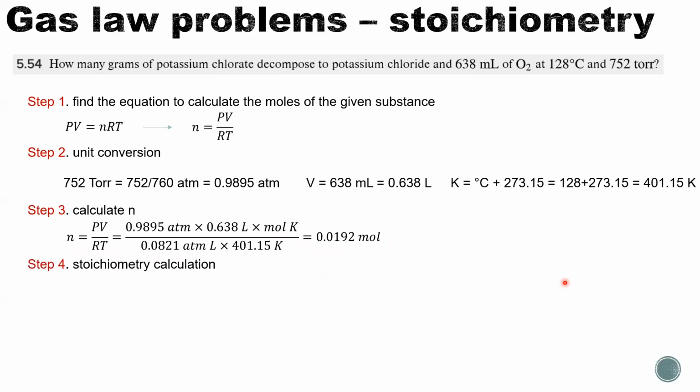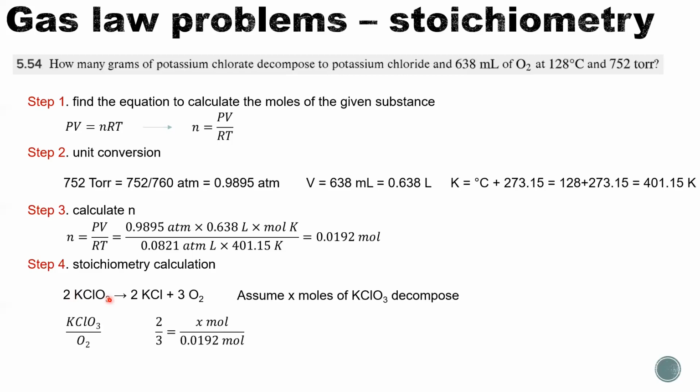Then go to the stoichiometry calculation that we're familiar with. Write out the chemical equation and balance it, the decomposition reaction. Assume X moles of the reactant decompose. Then establish the ratio. Chlorate over oxygen, according to the chemical equation, is a 2:3 ratio.